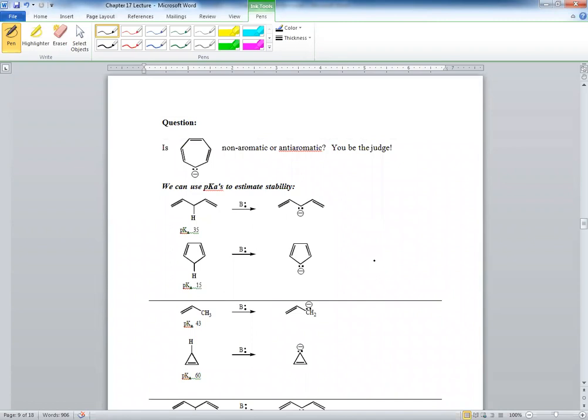Look for, again, we already examined this. So we can tell how stable something is based on the pKa.